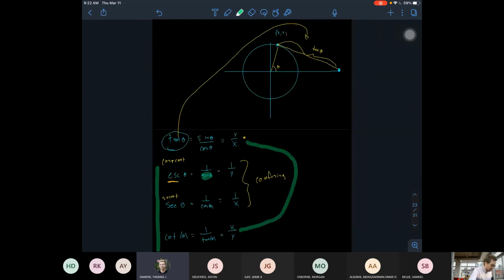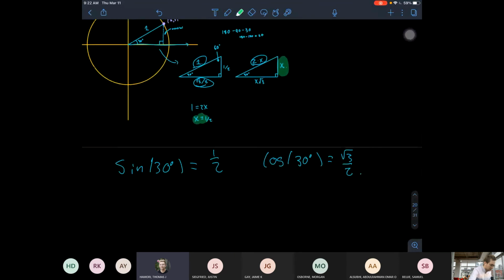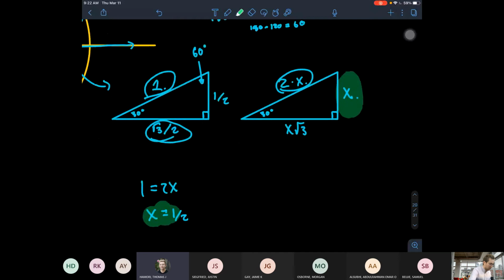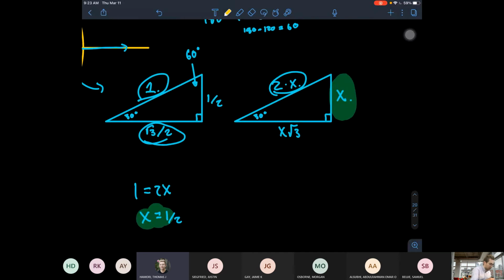Okay, question in the chat: how did I get square root 3 over 2? Let me go back and explain that for Sam. Here we set 2x equal to 1, and then we found that x was equal to 1/2.